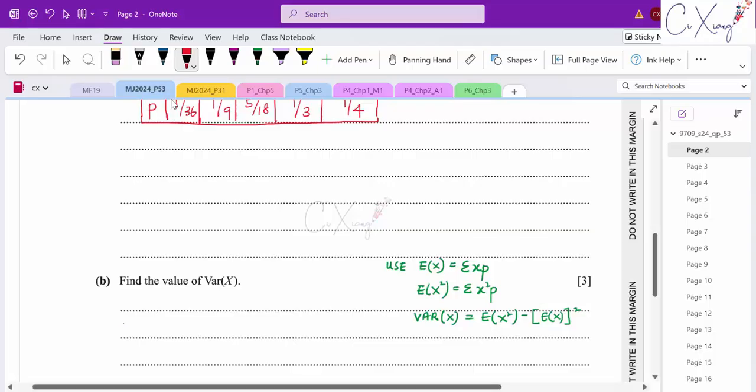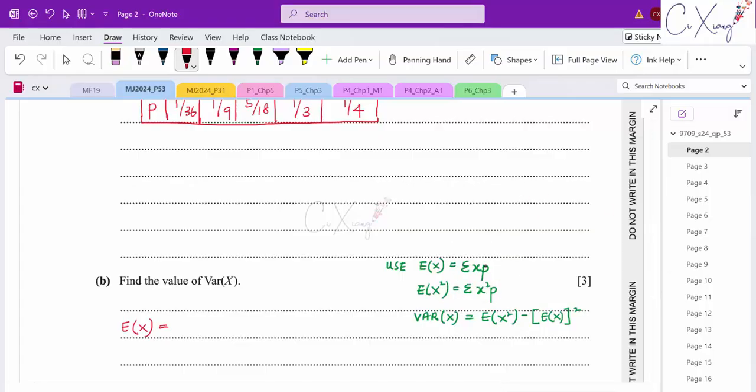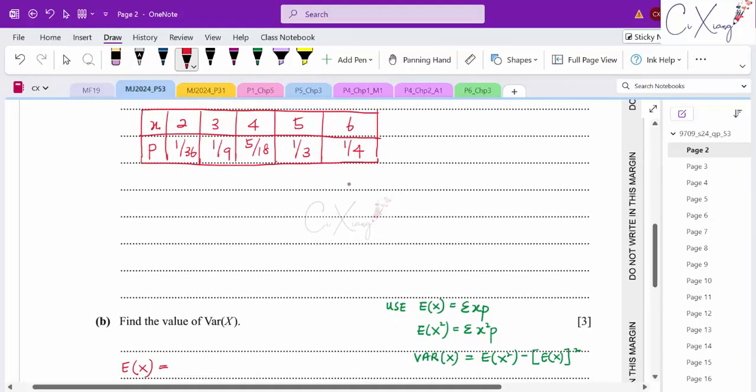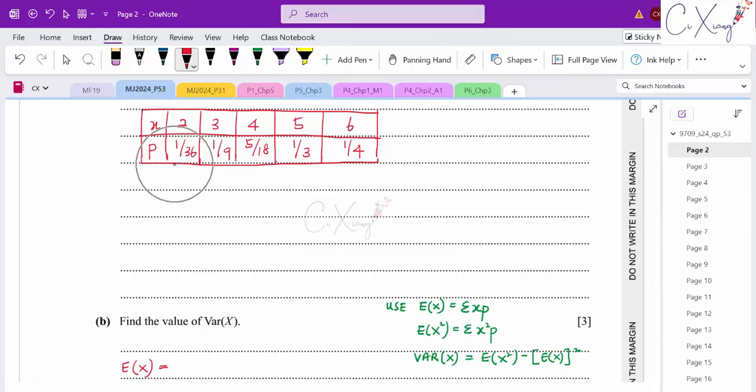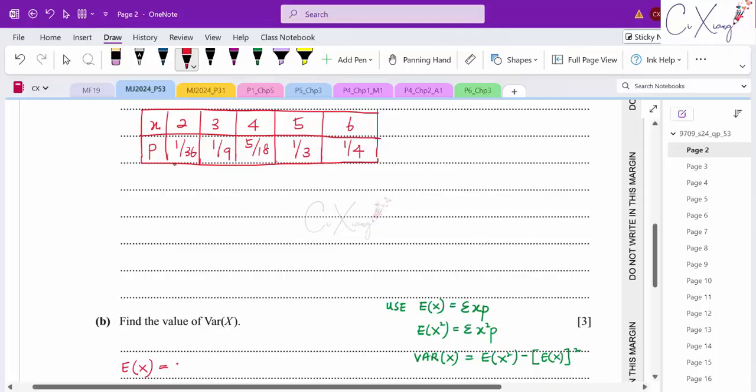First step, let us find out the expected value of x. So it is actually x multiplied with probability and we sum them up. You refer back to your probability distribution table. You take the x of 2, multiply with the probability 1 over 36. So I'm having 2 multiplied with 1 over 36, then plus the next x, which is 3, multiplied with the probability 1 over 9.